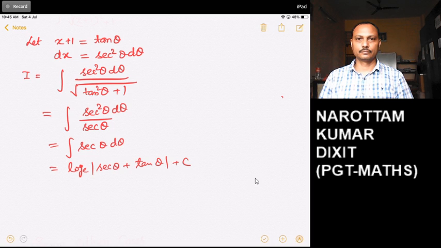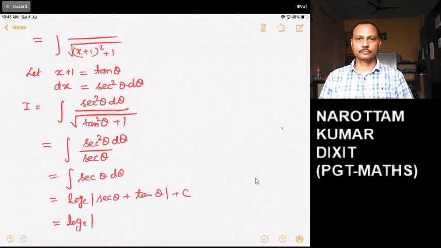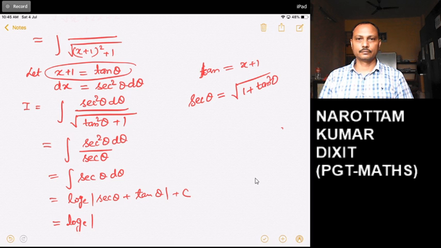Now, because tan theta was equal to x plus 1 by the substitution, we can find the value of sec theta also. Sec theta is equal to under root 1 plus tan square theta. It is under root 1 plus the square of x plus 1, so it is 1 plus x square plus 2x plus 1.